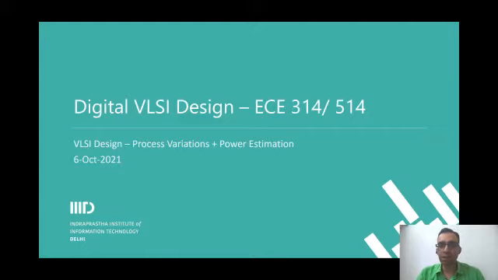And power is something that we will start next. After that we will go into different circuit design styles: static CMOS, pseudo CMOS, pseudo NMOS, dynamic logic, and so on. So we'll look into various design styles for combinational circuit design.